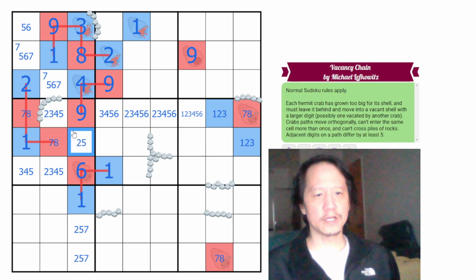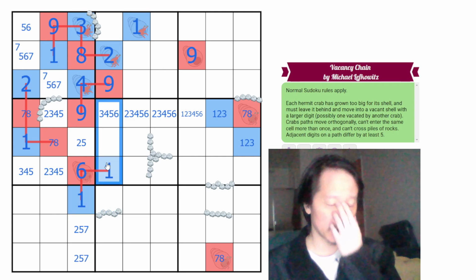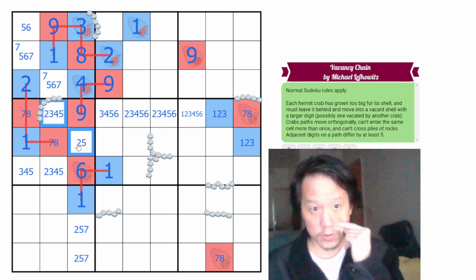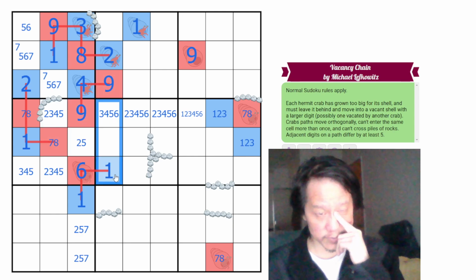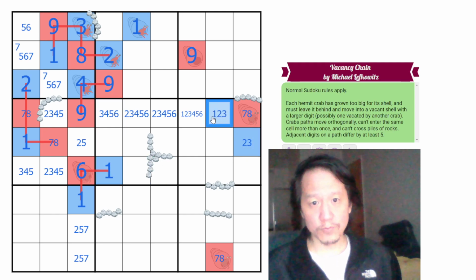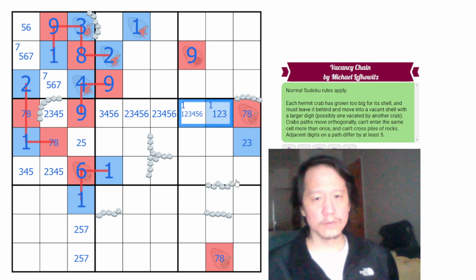So it could connect with either of these to here. This one could go through here. This one connect this way. So this has to connect with a 9 here. This 9 connects somewhere here. This can't be 1 either. So 1 has to be one of these two.